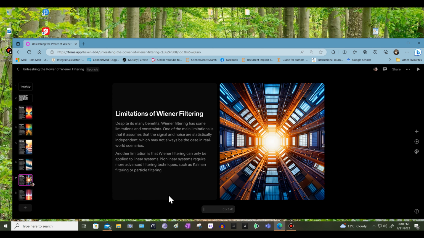Despite its many benefits, Wiener filtering has some limitations and constraints. One of the main limitations is that it assumes that the signal and noise are statistically independent, which may not always be the case in real-world scenarios. Well, actually, I've yet to see a real-world scenario where that's not the case, funnily enough, so I think Wiener did get it right. But even if it isn't, you can modify it.